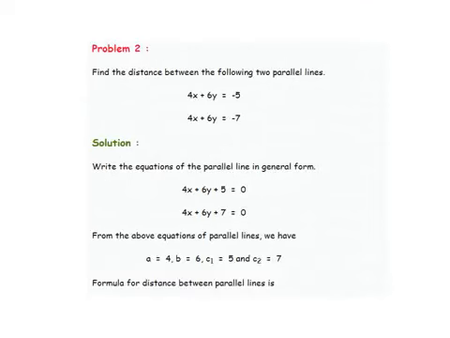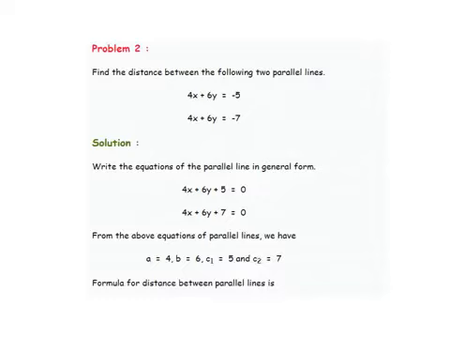Similarly, we have another problem with different parallel lines: 4x plus 6y equals minus 5, 4x plus 6y equals minus 7, which clearly shows that these lines are parallel to each other because their slopes are equal. So write the equations in general form. We have 4x plus 6y plus 5 equals 0, 4x plus 6y plus 7 equals 0.